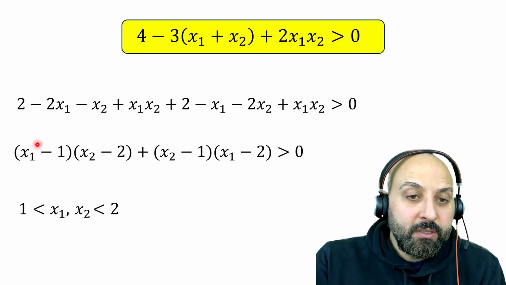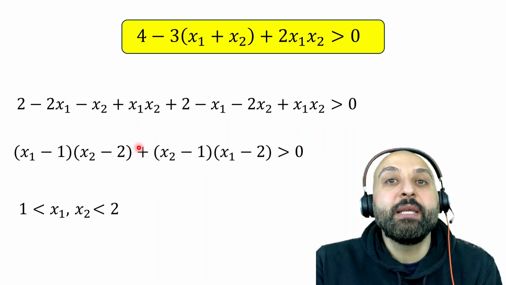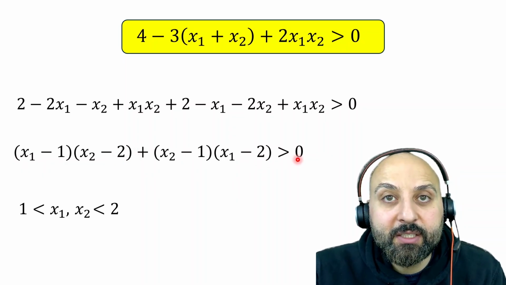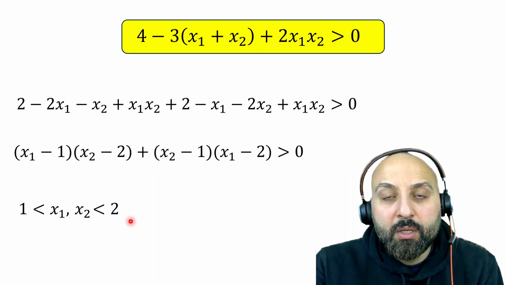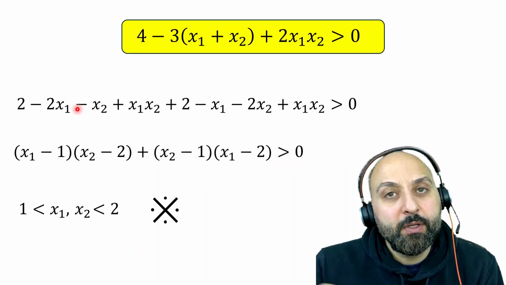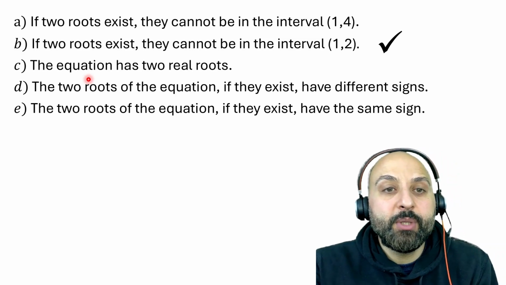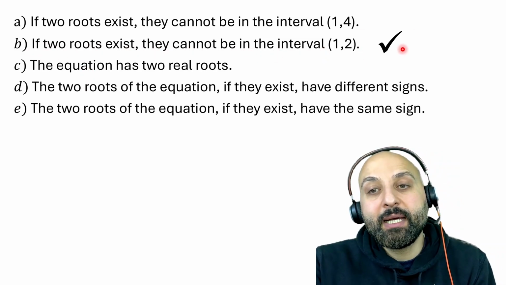That means this side of the inequality has to be a negative number, so it cannot be larger than 0. Therefore, if we have two roots between 1 and 2, it's not possible to have this property. So if we look at the answers, we see that option B says if two roots exist, they cannot be in the interval between 1 and 2. And that is the correct answer.